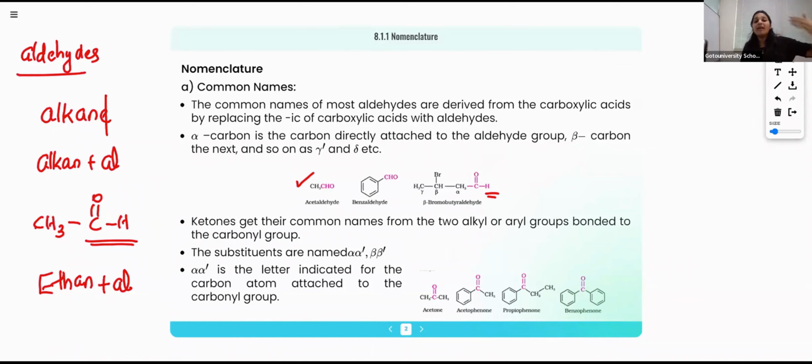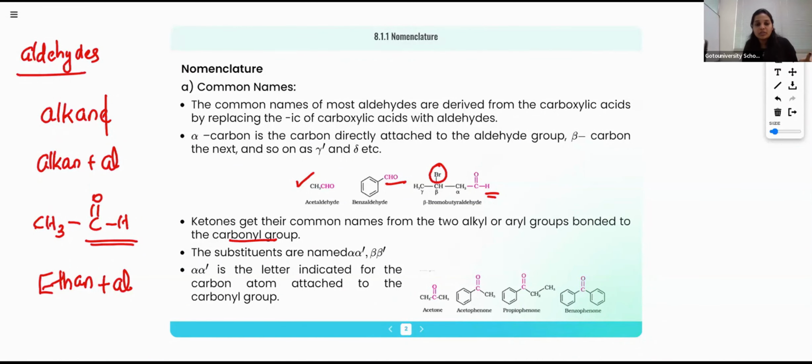In benzene, one hydrogen atom is replaced by this aldehyde group. Then here you see, this is beta bromo butyraldehyde. Why beta bromo? Because other than this CHO group, there is one more functional group, that is bromo group, bromine atom.